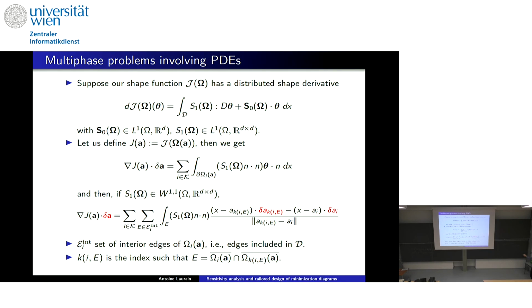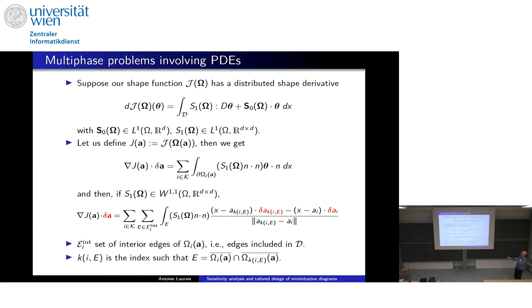So typically, if you have a shape derivative of this form and the S1 is smooth enough, W^{1,1}, then you can transform this into a boundary integral, which is the usual Hadamard expression that we have for the shape derivative. And then you combine this with the expression that I've shown before, and you will get this expression for the gradient of J. And so you get a sum over all the cells.